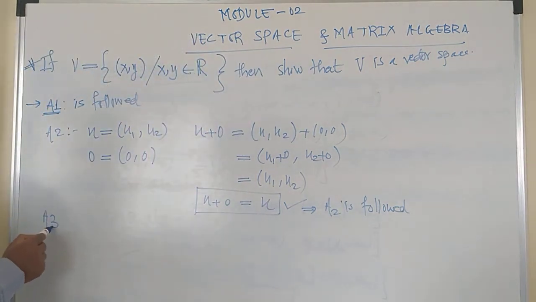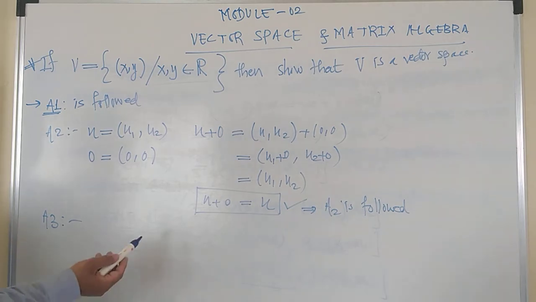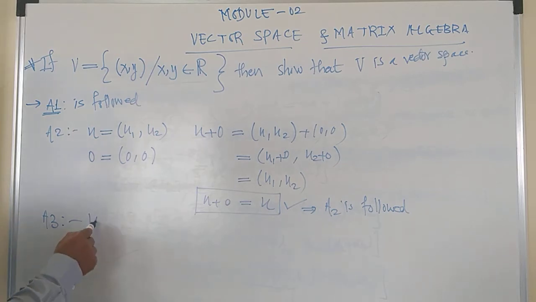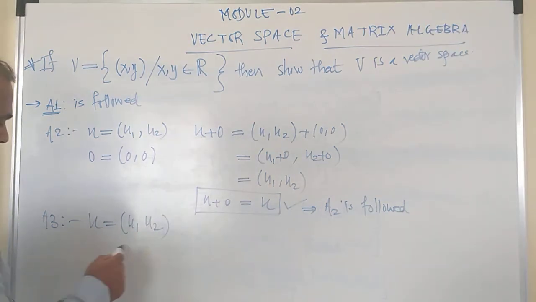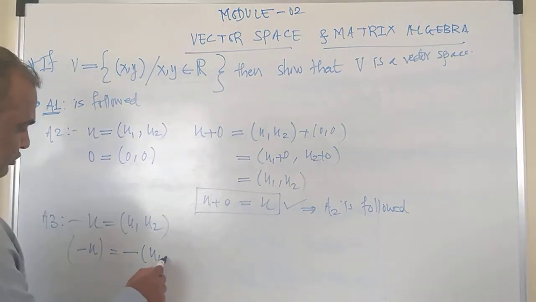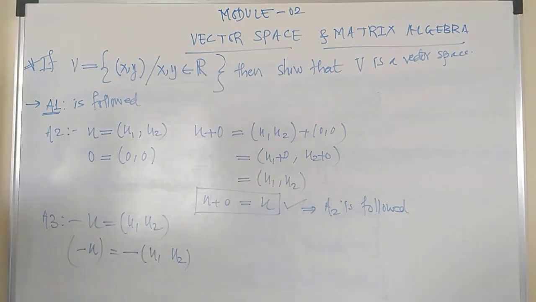Similarly, check for A3. And what is the third axiom for the addition of the vector? I think negative vector. If u is the given vector and minus u is the negative vector, then the addition of u plus minus u is equal to 0. So let us say u is a vector whose elements are u1 and u2, and minus u is a vector whose elements are minus u1 and minus u2, right?